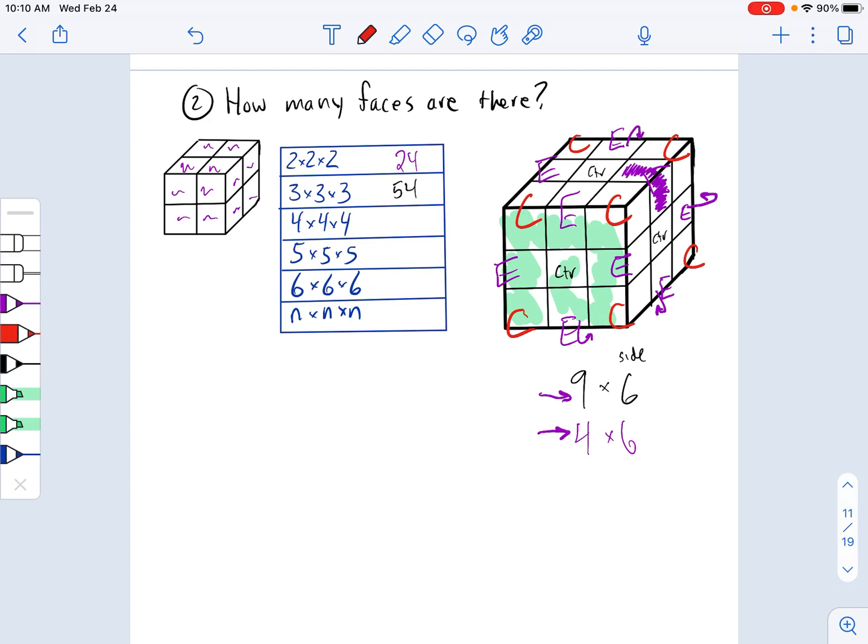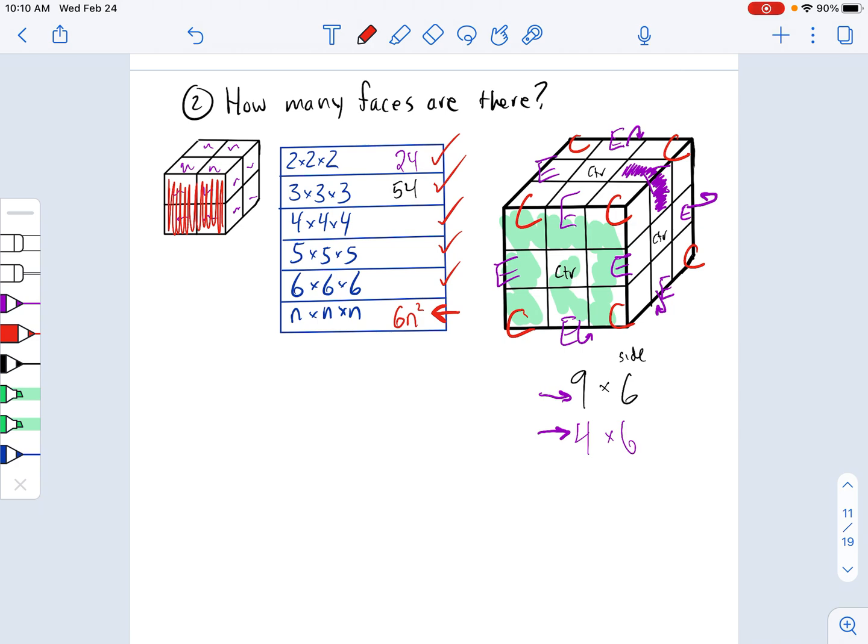And some of you guys, right off the bat, it was awesome. Right off the bat, you're like, hey, wait a minute. You take n squared, which gives you one side of a cube, and then you multiply it by 6. Oh, cool. Yeah, logically, that makes sense. Now, some of you might have done all this data and then figured out, oh, this is the formula.